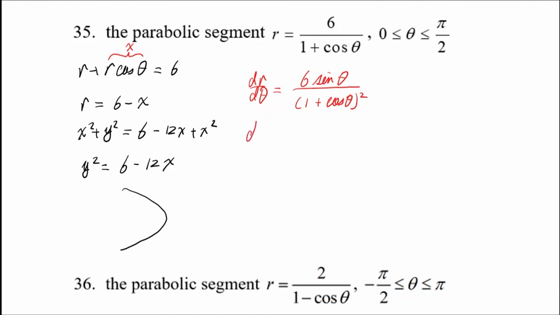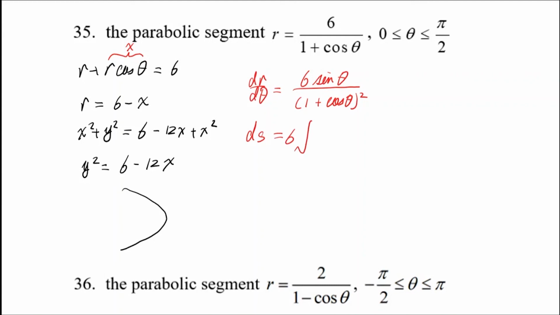Now, ds is kind of ugly. I mean, it's very ugly. Square root of r squared. Let's think like this. Here's a 6. Here's a 6. We're going to square them. So we'll have a common factor of 36, which we can take outside here and then put 6. You know what I'm saying?